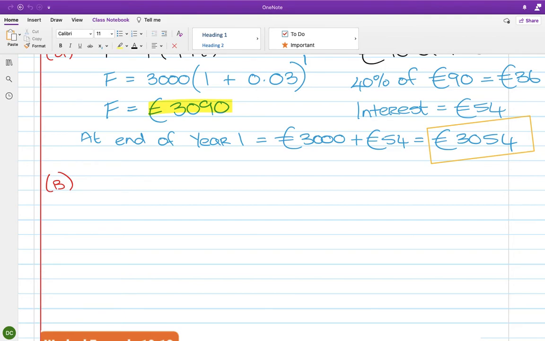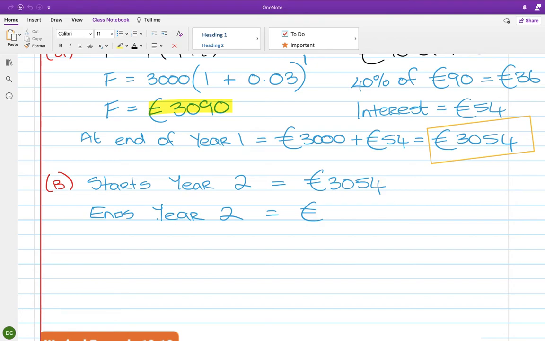Okay, so he starts year 2 with 3,054, and he ends year 2 with 3,145.62.